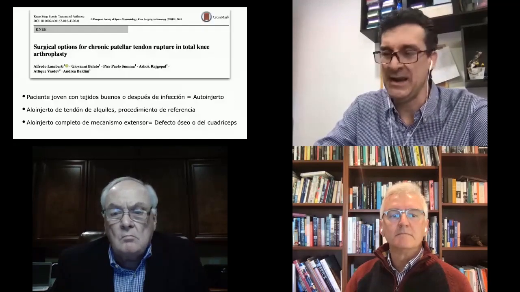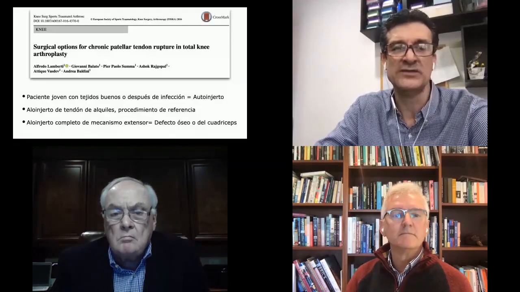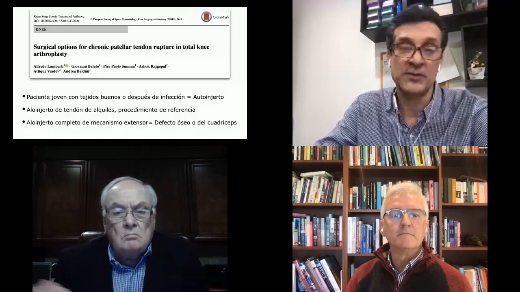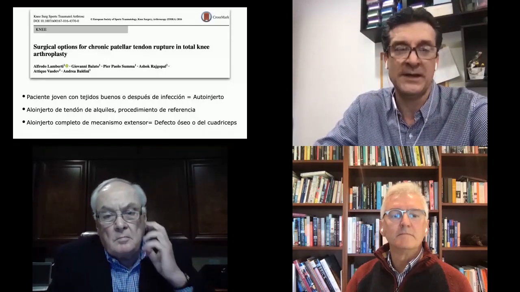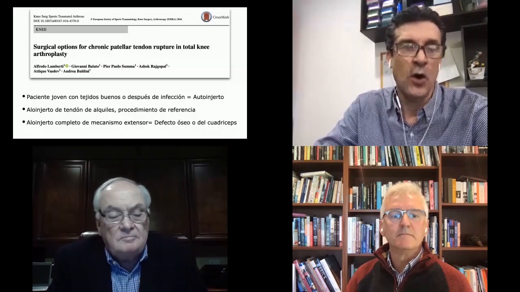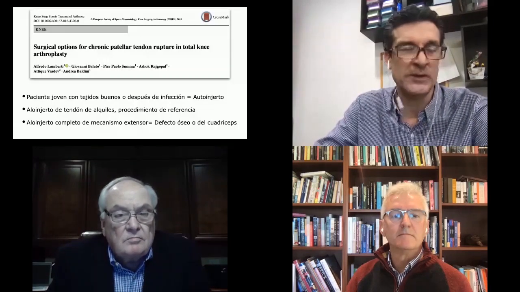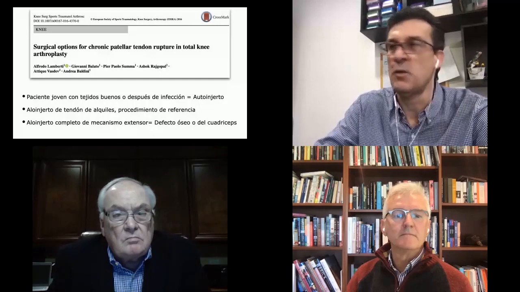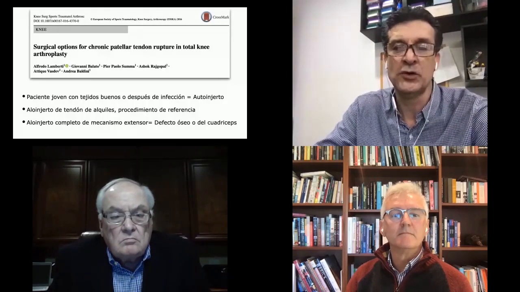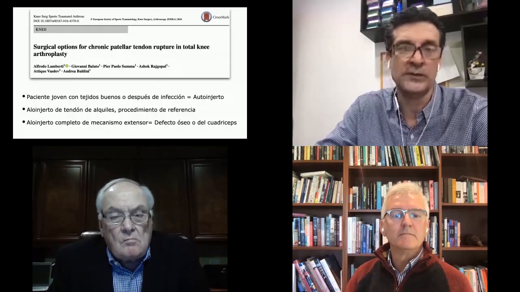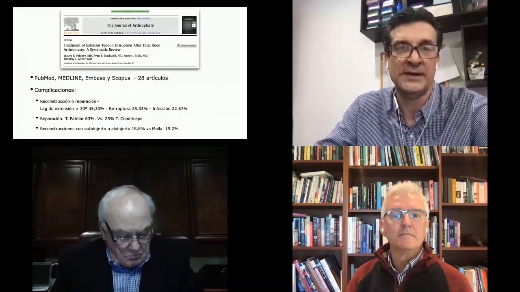Por eso, generalmente, en pacientes que tienen buenos tejidos o que tengamos después de una infección, los autoinjertos como aumento a la reparación del tendón patelar son la elección, o los aloinjertos, uno de los más utilizados, el injerto del tendón de Aquiles como procedimiento de referencia para este grupo, o el injerto completo del mecanismo extensor cuando tenemos defectos óseos o defectos del tendón del cuádriceps adicionalmente.